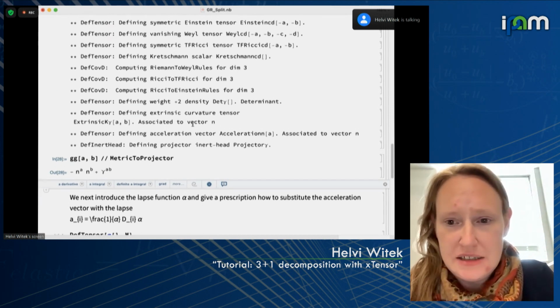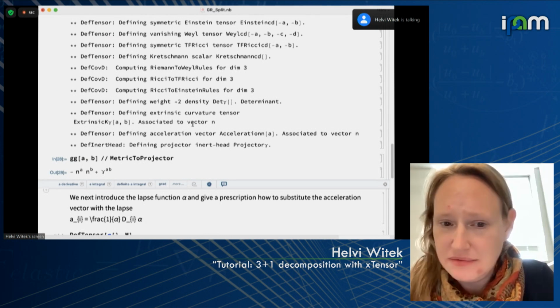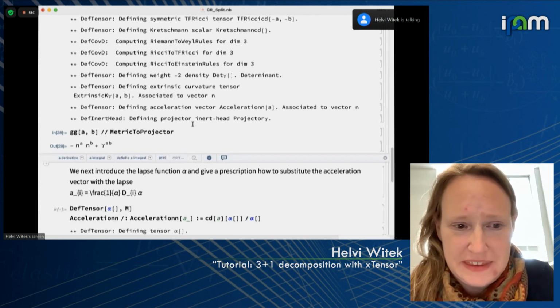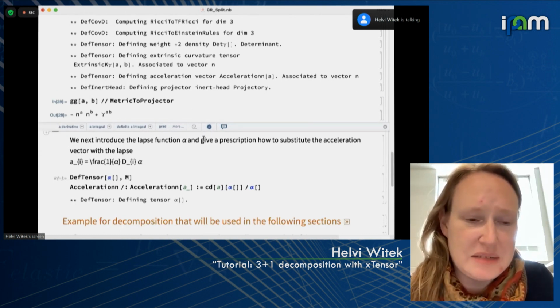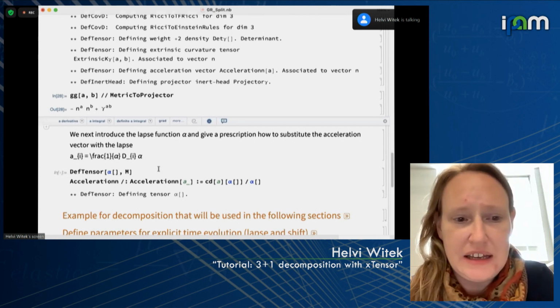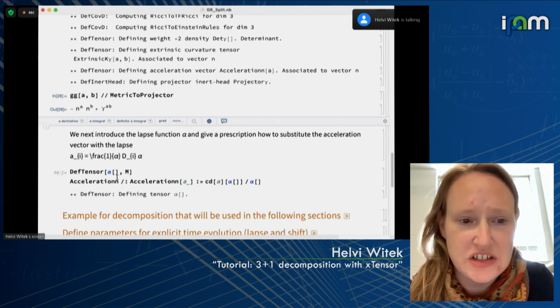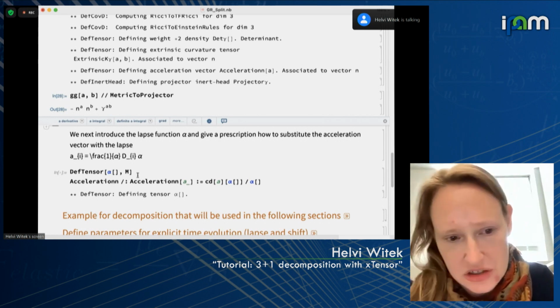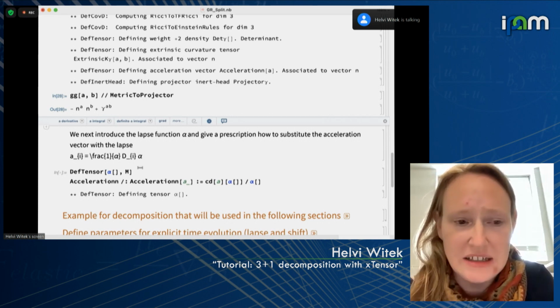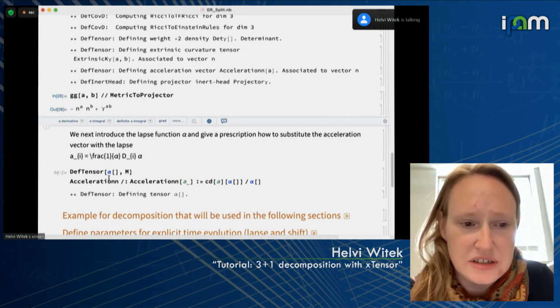Do we have any other questions here? Okay, so if not, then let me also introduce a lapse function alpha. Usually some people may call it capital M or capital N, but in numerical relativity we typically use alpha here.